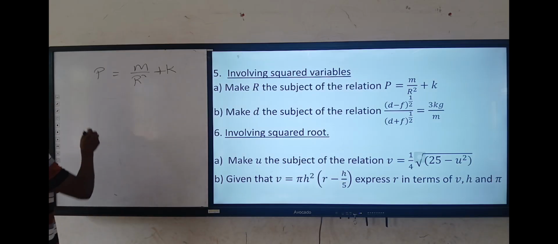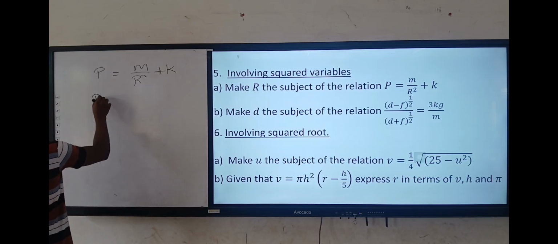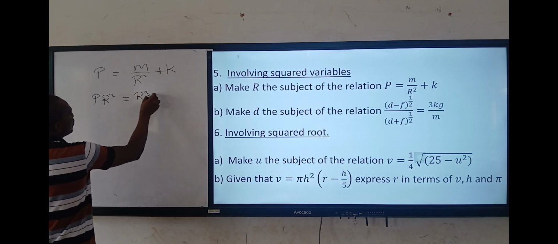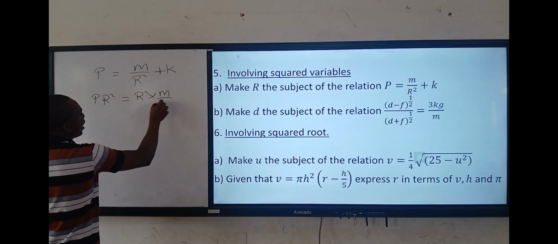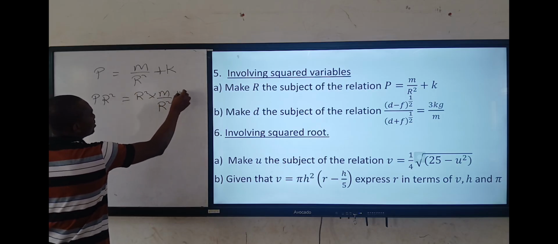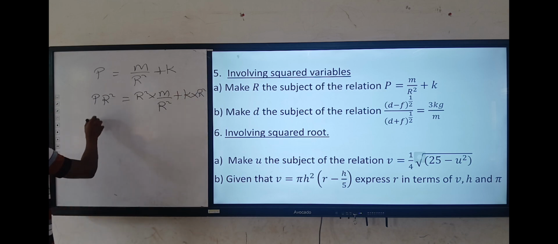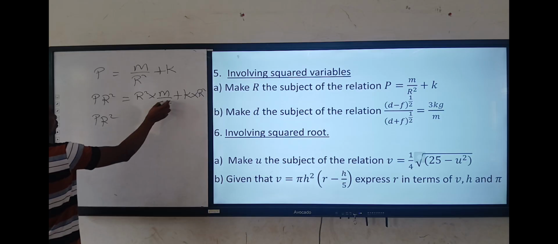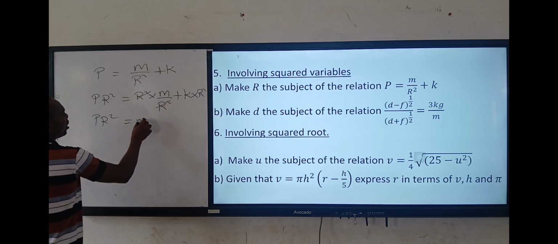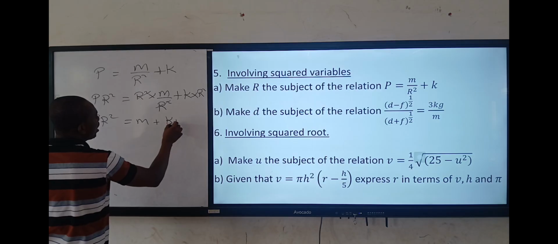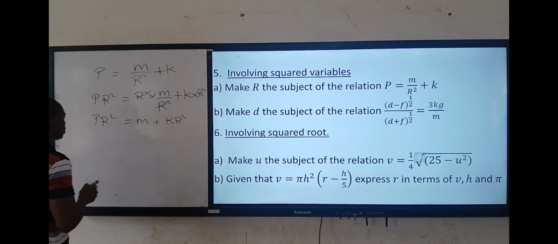The denominator here. So you get P R squared equal to R squared times M over R squared plus K times R squared. So here will be P R squared. This will cancel that, leaving M plus K R squared here.